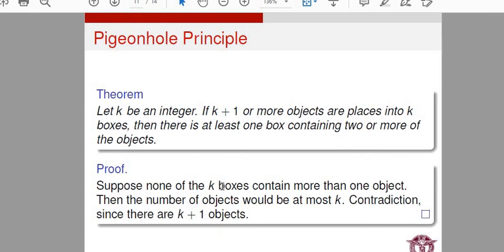So this one is the pigeonhole principle. The theorem is: let k be an integer. If k plus 1 or more objects are placed into k boxes, then there is at least one box containing 2 or more of the objects.